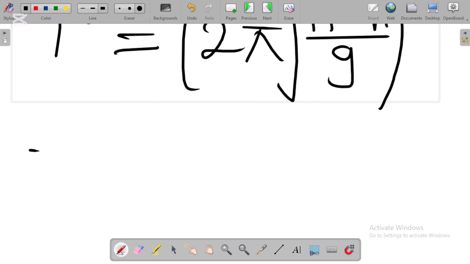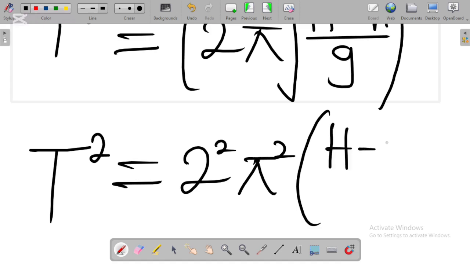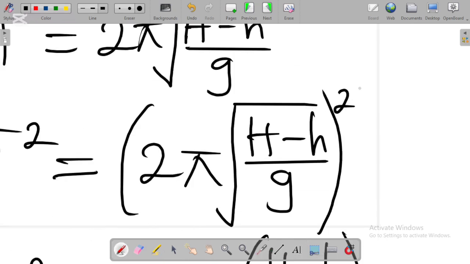So this gives us T square is equal to 2 square and then pi square, open bracket, capital letter H minus small letter h all over G. Now remember, this power cancels the square root.